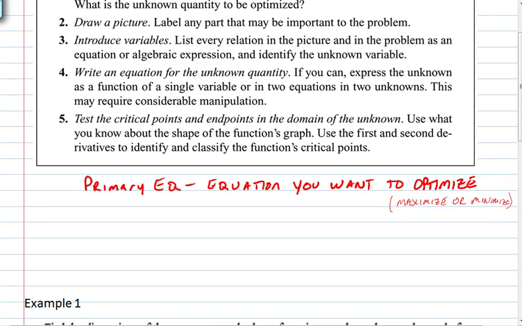The secondary equation is an equation that is used to write the primary equation in terms of only one variable.